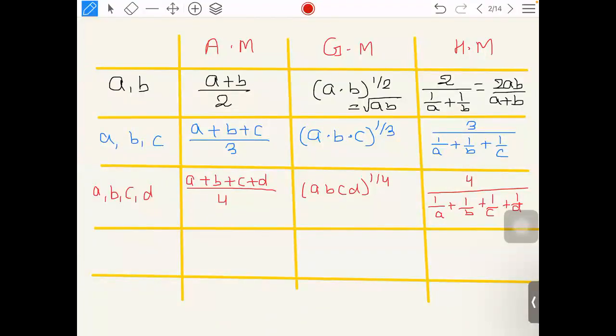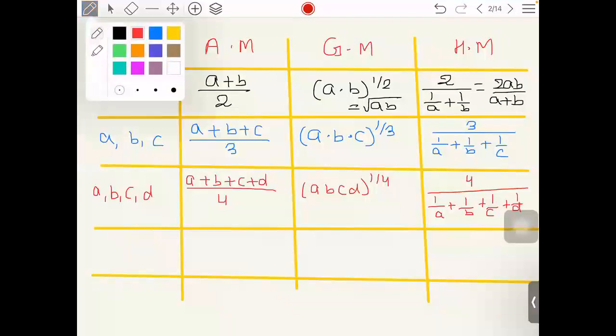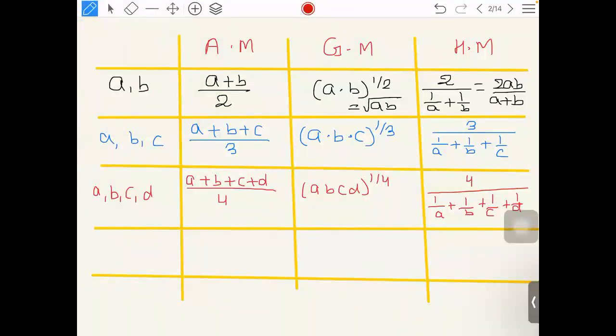Now extend the logic. If we have n terms A1, A2, up to AN, then the arithmetic mean is given by (A1 plus A2 plus up to AN) upon n.